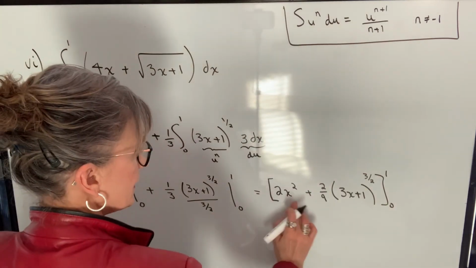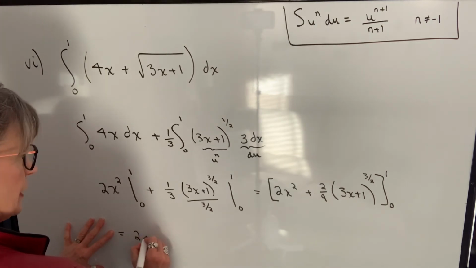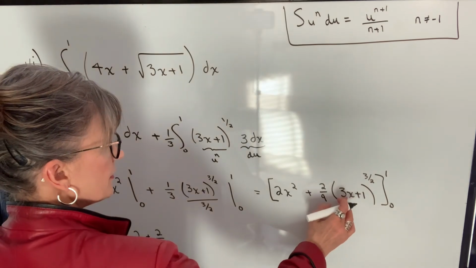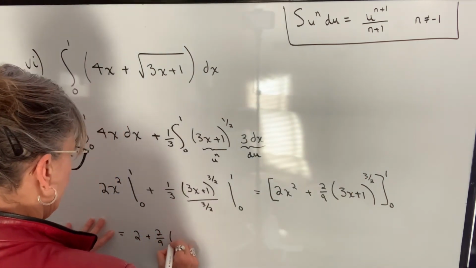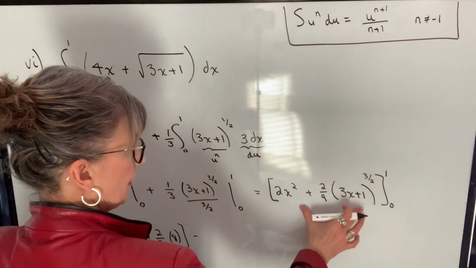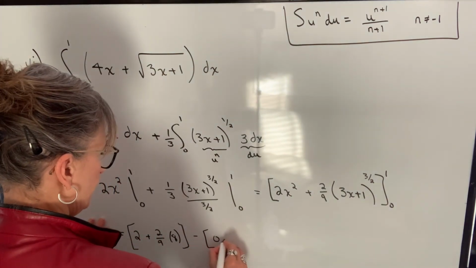So I put a 1 in this whole expression. So it will be 2 times 1 squared. It would be 2 plus 2/9 times 1 times 3 is 3 plus 1 is 4. The square root of 4 is 2. 2 cubed is 8. Minus, now I evaluate this when x is 0. This term will be 0.